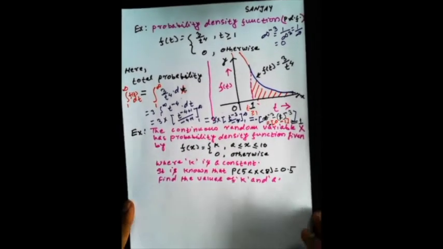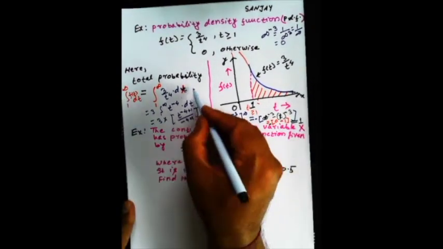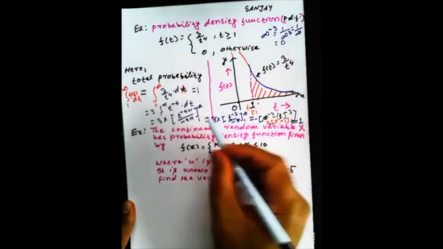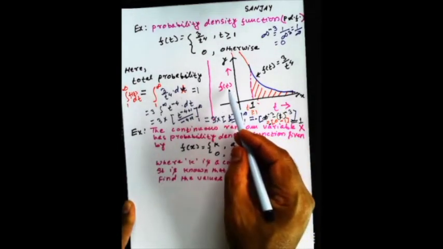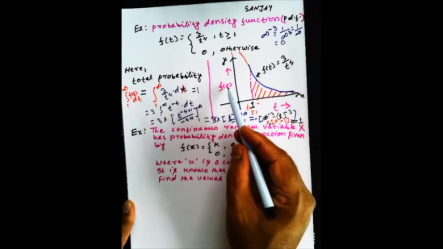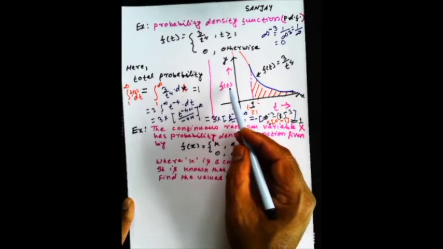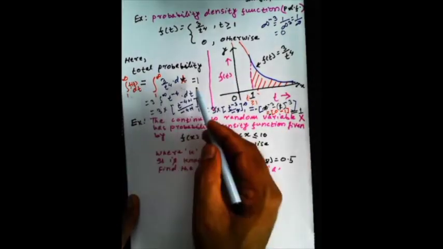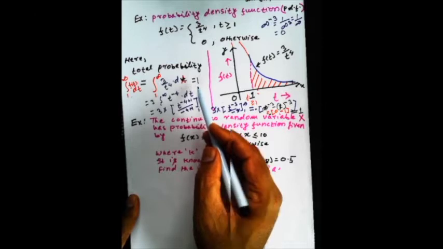So as the total probability we have found this as 1, therefore t is called the random variable, and in this case this is the continuous random variable. So we can say this variable is random provided the total probability is 1.